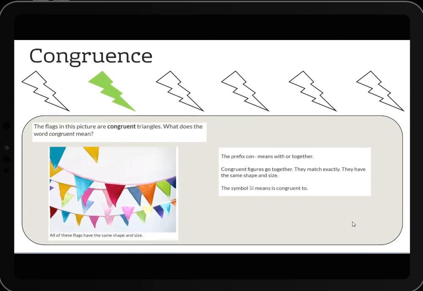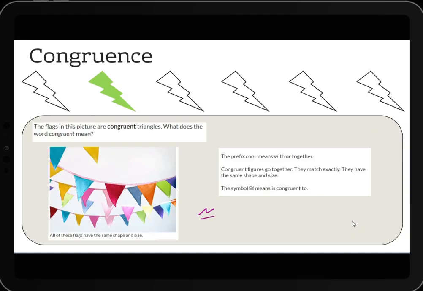So let's take a look at the word congruence. In the figure below, all those little flags have the exact same size and shape, similar to what you discussed in transformations with rigid motions. Congruence means that you have figures that are not only going together, con meaning with or together, but they match exactly. They pair up exactly. They have the exact same shape and size, right? So remember that congruence is referring to equality in a sense.